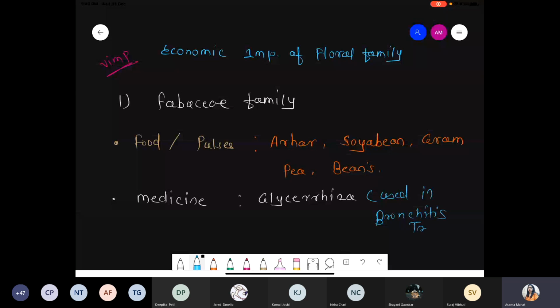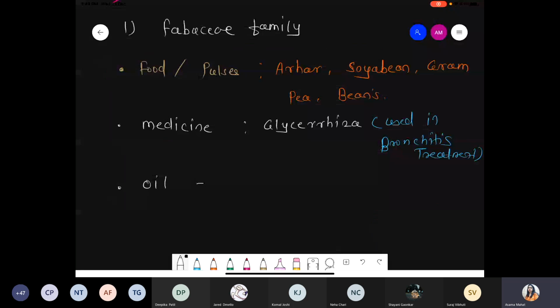So again, it has some medicinal value. Next one, we are talking about as an oil. So in the oil category, again, soybean repeats and groundnut also, because they also belong to the Fabaceae family. So they are used as an oil.